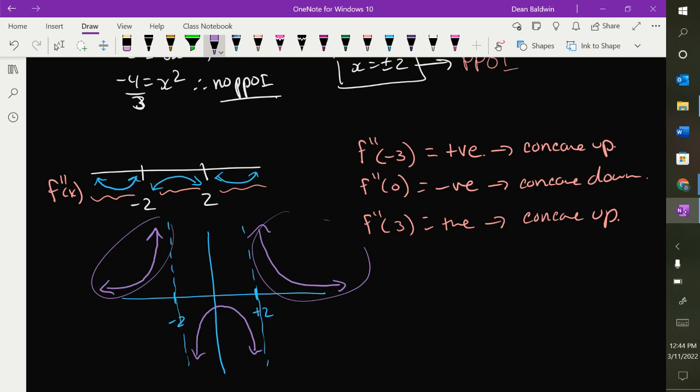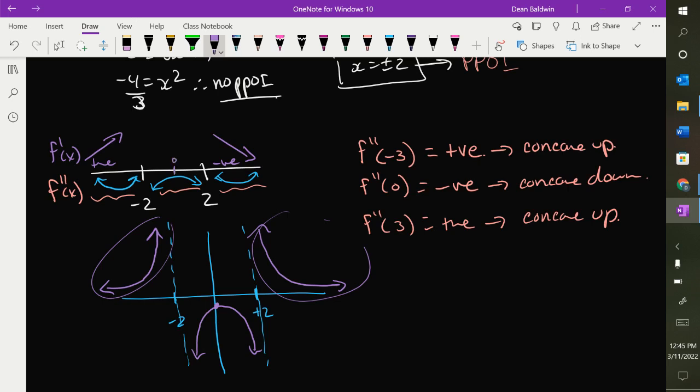Now notice, this is concave up, as is this, but this is an increasing function. So where we're going to get to later on, the first derivative would be positive, which means the function is going up and concave up. This is concave up, but it's decreasing, so the first derivative would be negative. This bit in the middle would actually have a critical number of 0 in there, and so it would be split.